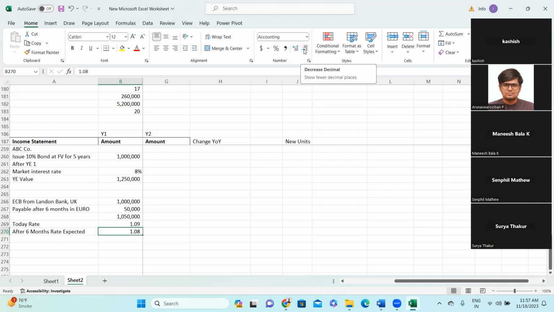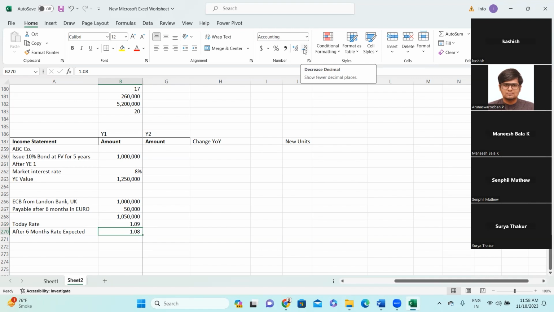If the euro price is more than 1.08, then you will exercise the right so that you can purchase the euro at 1.08. But if after 6 months the euro rate is 1.06, then you may not exercise the right, because not exercising the right may give you a cheaper option.